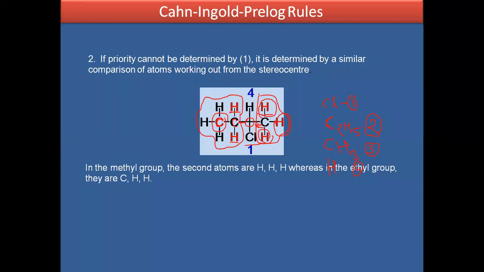On this basis, ethyl has more priority than methyl. So the priority is chlorine first, ethyl group second, methyl third, and hydrogen fourth. In this way, we have to assign the priority with the help of the first and second rule.